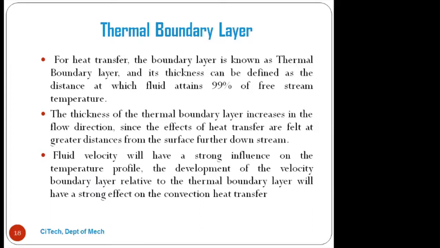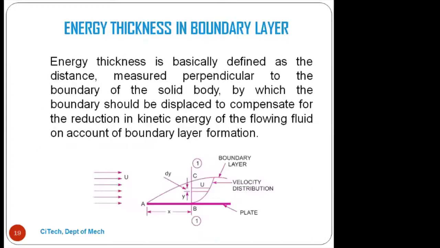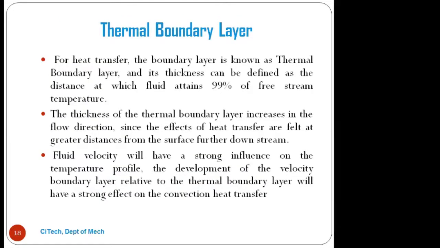Hence, the development of the velocity boundary layer relative to the thermal boundary layer will have a strong effect on the convection heat transfer. Okay, so this is what is called the thermal boundary layer.